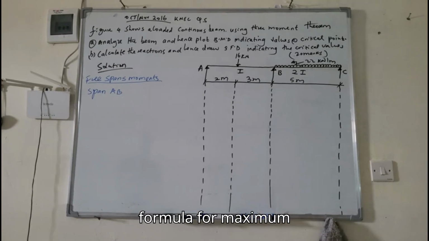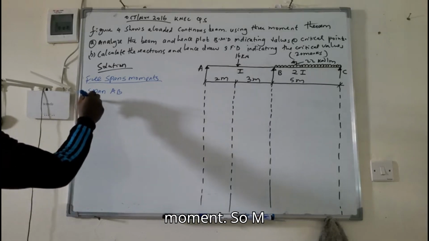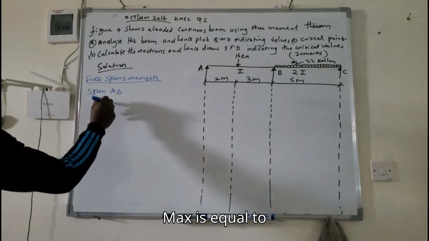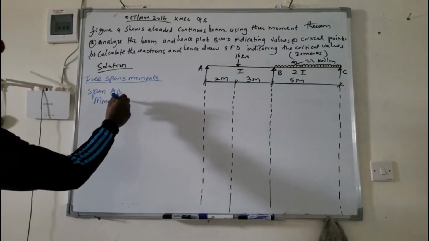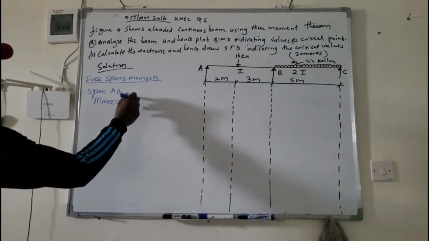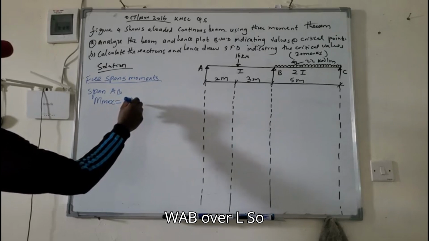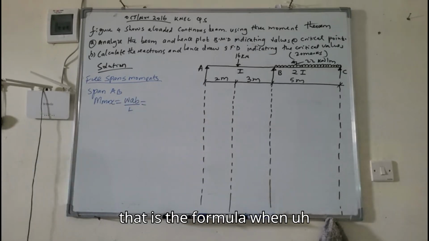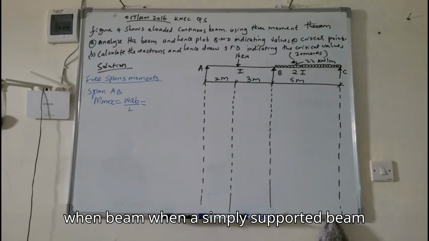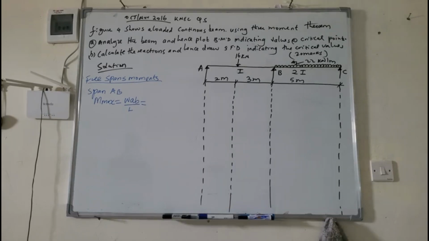So the formula for maximum moment, M max, is equal to WAB over L. That is the formula when a simply supported beam is eccentrically loaded.